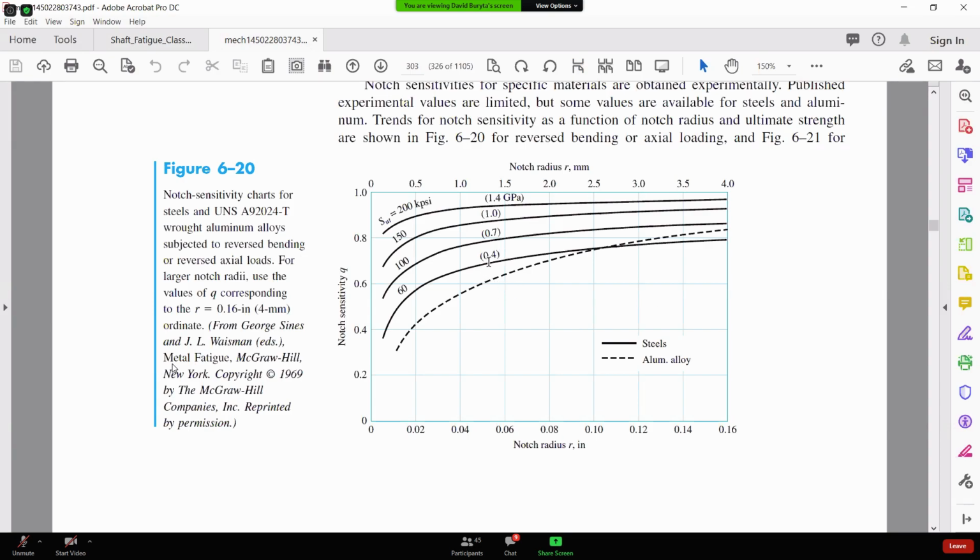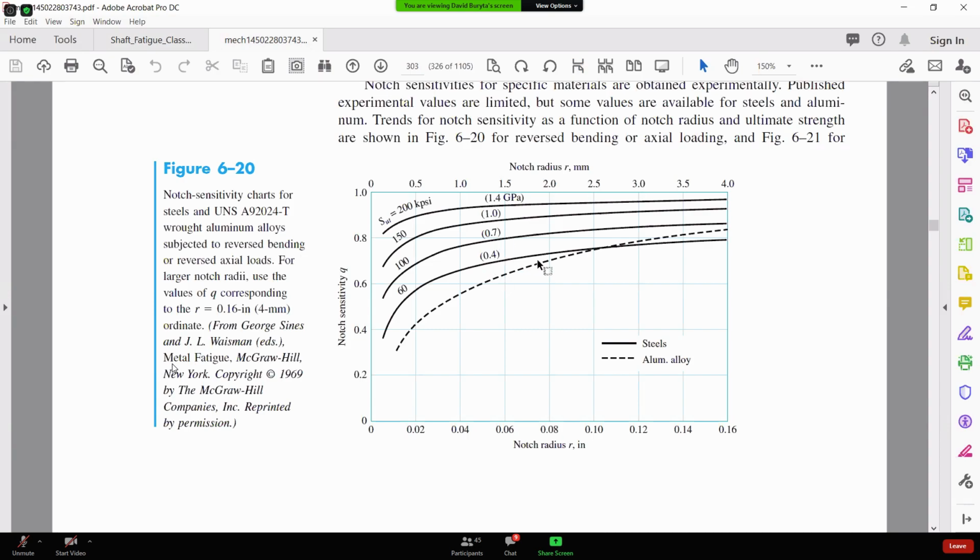And you'll see that on this diagram, we don't have a 0.3, so again, we have to use a little bit of judgment here. Our notch radius is 2 millimeters because that's our fillet radius. If this is 0.7 and 0.4, that's a difference of 0.3 in between there. So there's not going to be much difference between 0.4 and 0.3.